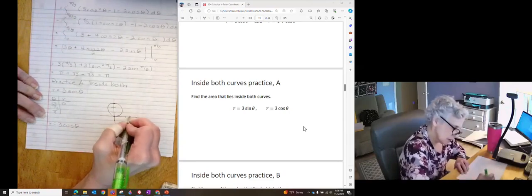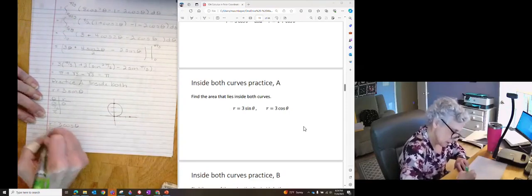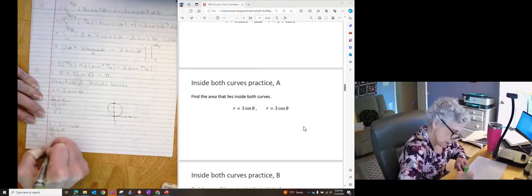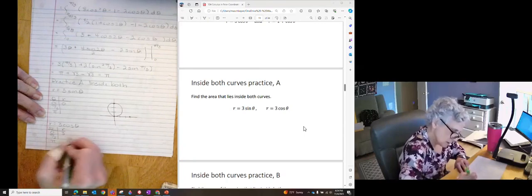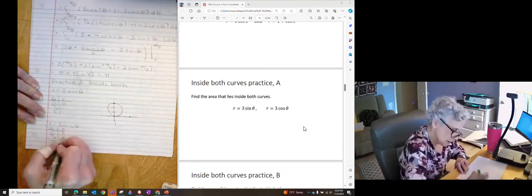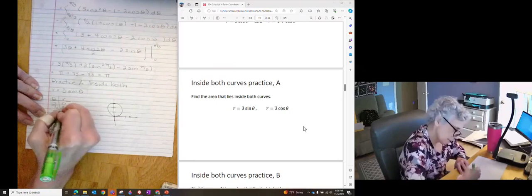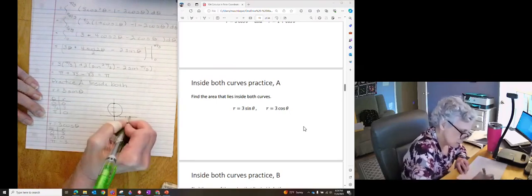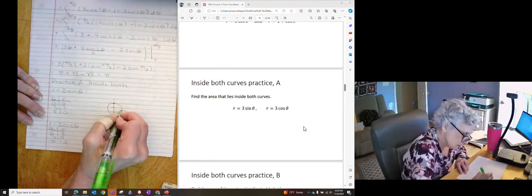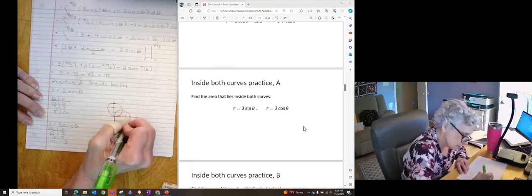It starts at 3, so theta and r: 0, pi halves, pi. It starts at 3, and then at pi halves it's at 0, and then negative 3. This one's 3, 0. So here and around.